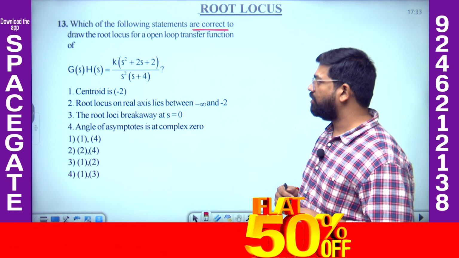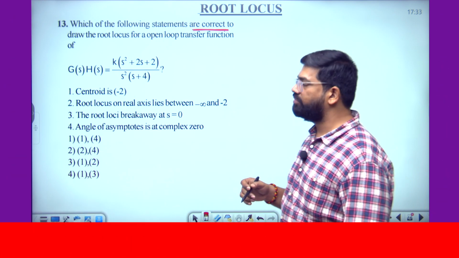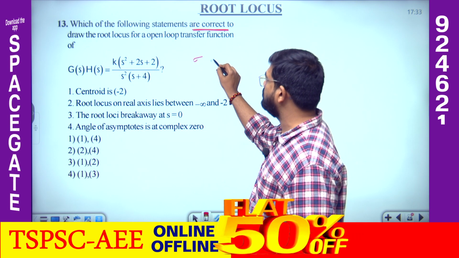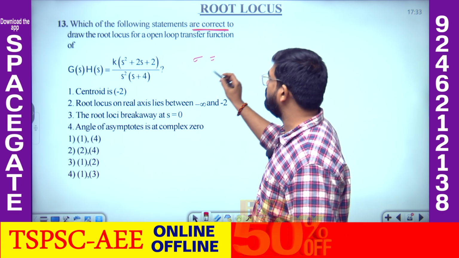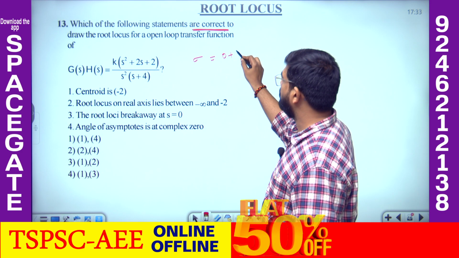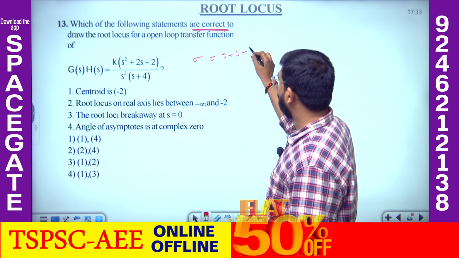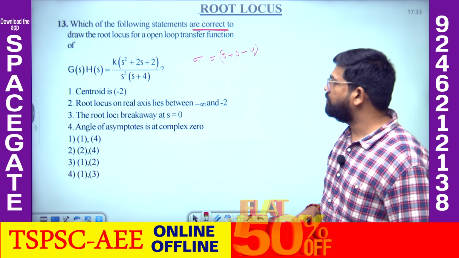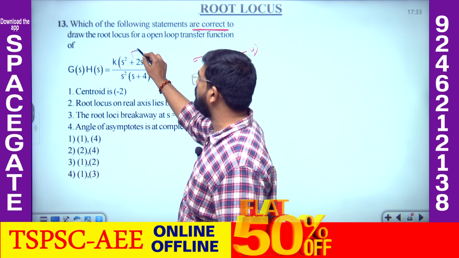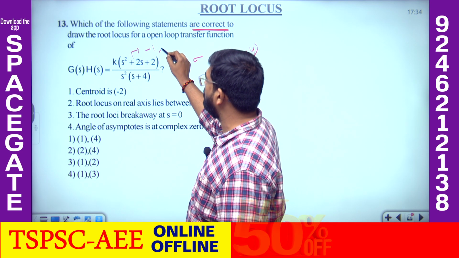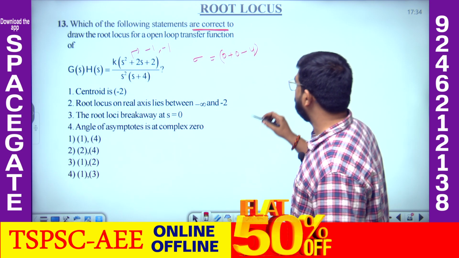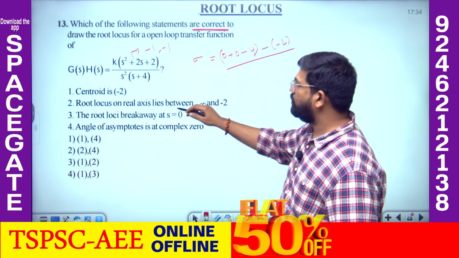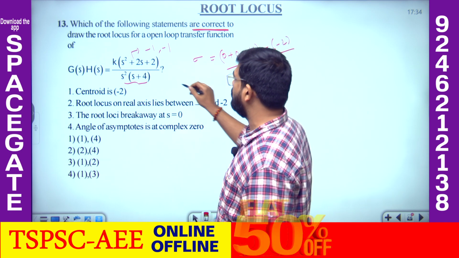Okay. So, centroid is minus 2. Find out this. What we get? Centroid means real parts of poles, here s square means 0, 0. So, 0 plus 0 minus 4. Okay, these are real parts of poles. Just before, in one question, we got real parts means minus 1, minus 1 only. So, minus 2 by total how many poles here? 3 poles and 2 zeros.